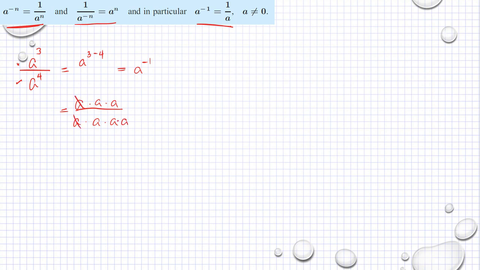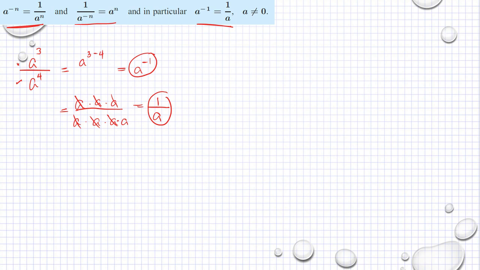So this will be 1, this will be 1, this will be 1. Then we have only 1 left in the numerator, and the denominator is a. So that means this one is equal to this one. If you have a negative exponent, it will become a denominator, and the exponent will become positive.